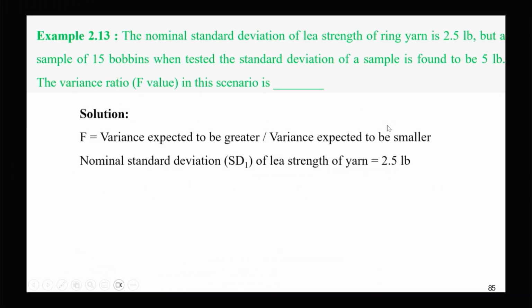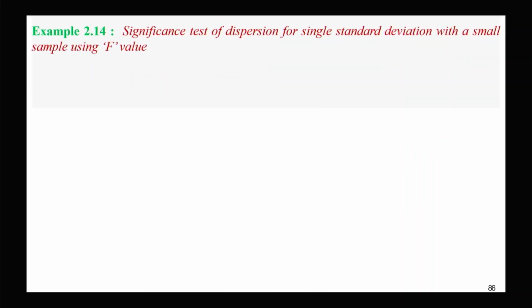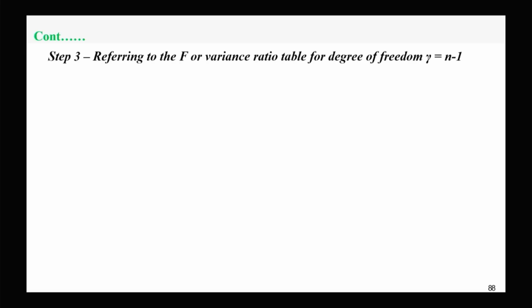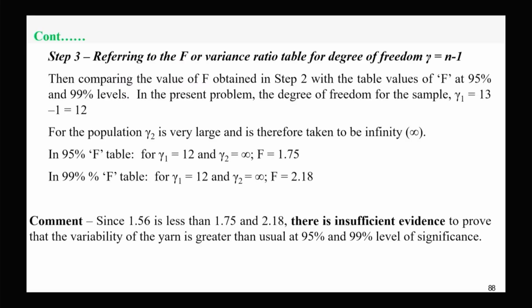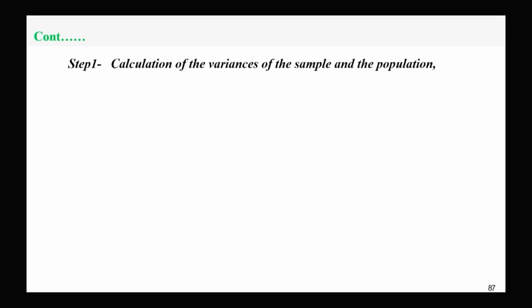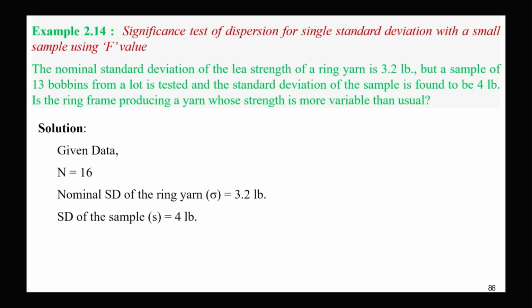We are at the numerical 2.14. So here, 1.29 was our calculated t value, but the table t value is more than this.